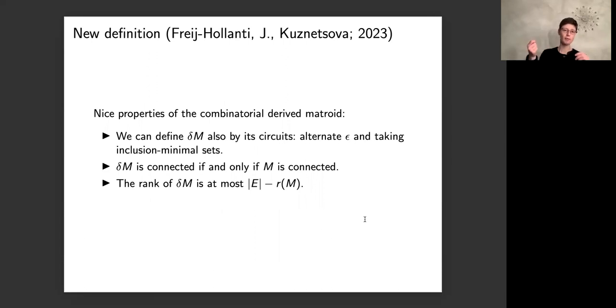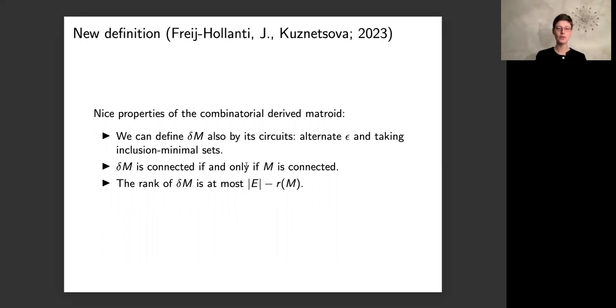You do your operation epsilon. Again, you take the inclusion minimal of those. You do your epsilon operation. And at some point, this will also converge. Then you're left with the circuits of your combinatorial derived Matroid. And you can prove that this gives you the same thing as finding all the dependent sets and simply taking the minimum over there.